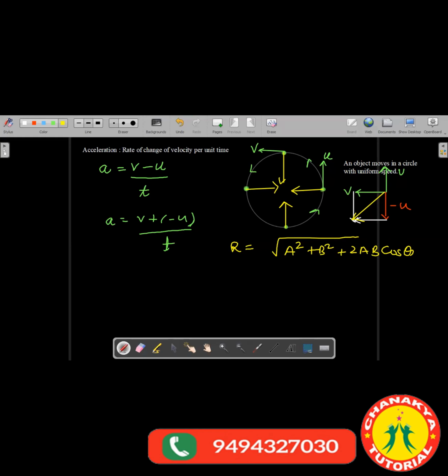Understood? Yes, sir. That means, of course, in class 11th, we are going to go into much more depth with scalars and vectors. Now, relating to vectors, I will give you a small question.